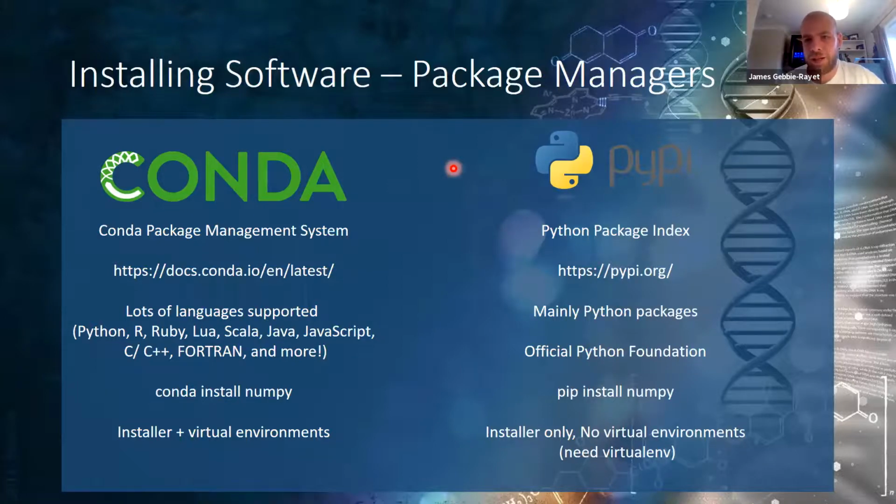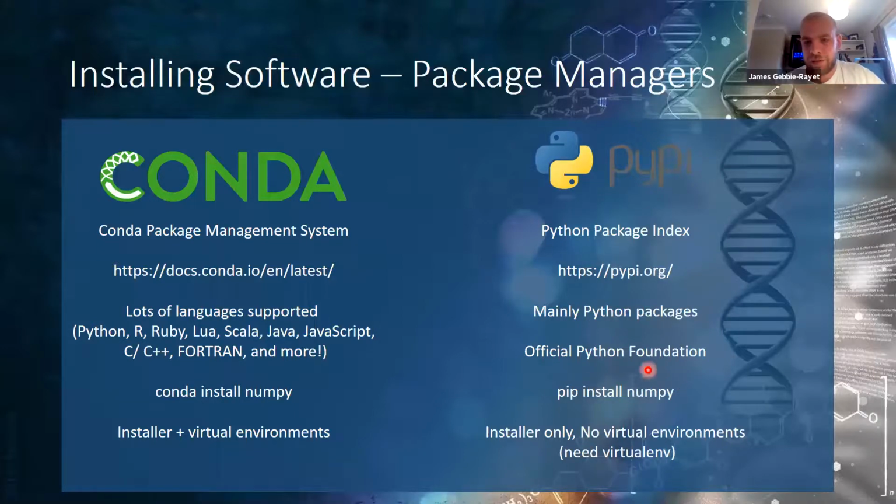PyPI, the package manager here, is the official Python index. It largely focuses on Python-based stuff, and it's as trivial as typing pip install, and if you wanted to install the numerical Python library, it'd be pip install numpy.